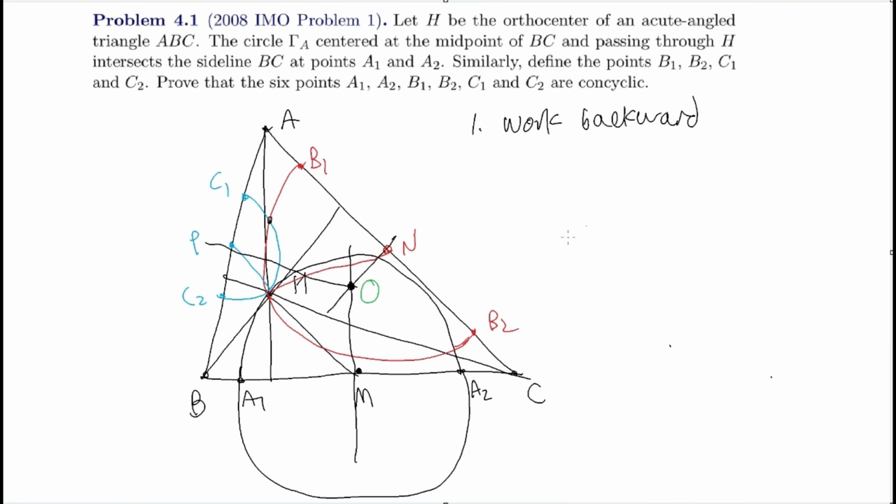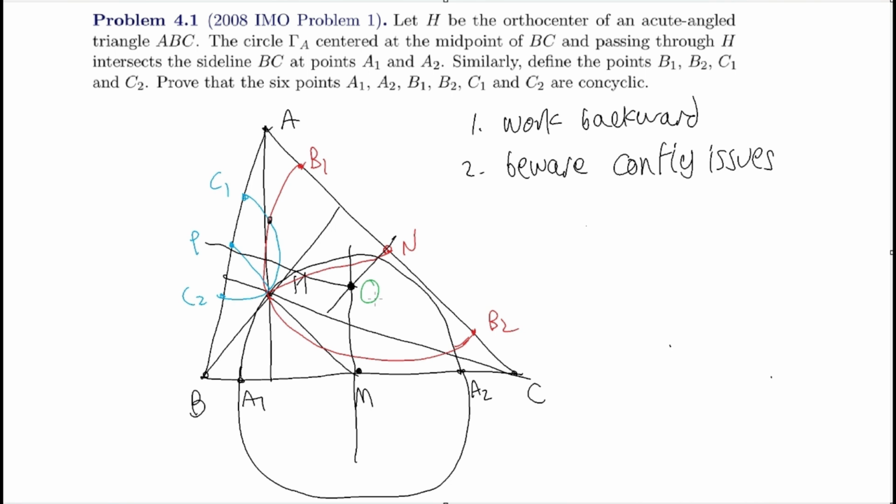And then the second lesson is to beware of configuration issues. Because if B1, B2, C1, C2 is cyclic, and similarly for the rest, then that does not imply that all 6 points are concyclic. We have to do another step. And this is one of the many solutions we could have taken.